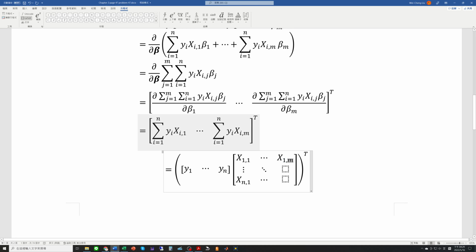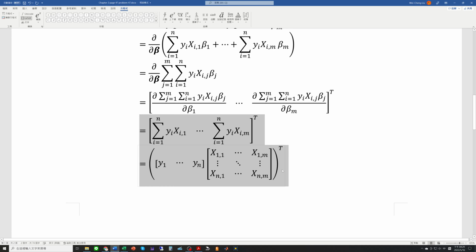Similarly, for this element, we can fill the vertical dots, and for the last element of the last column, we can copy xn1 to here and change the second index to m. Like this. So let me align at the equality. Good.